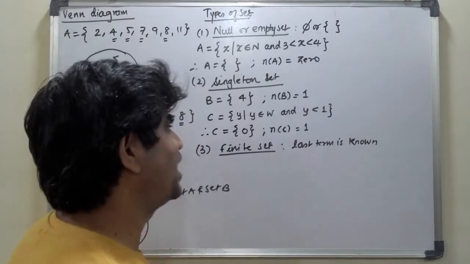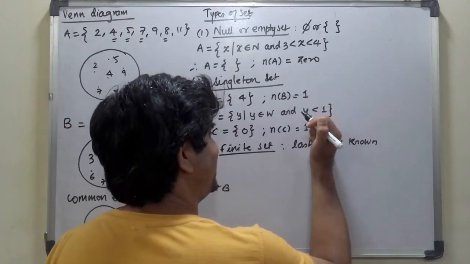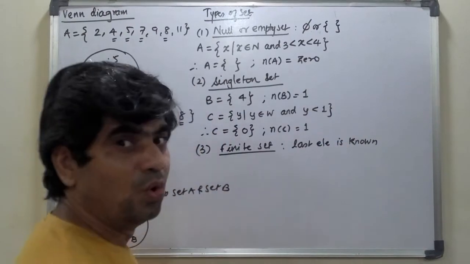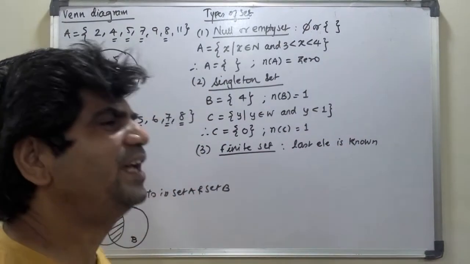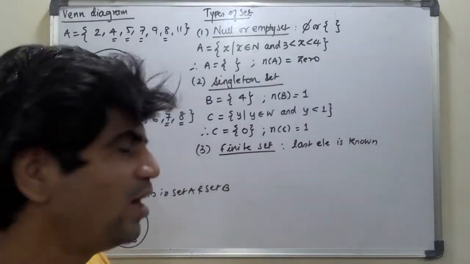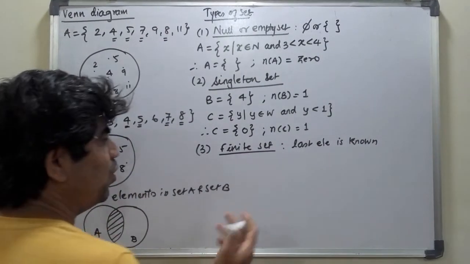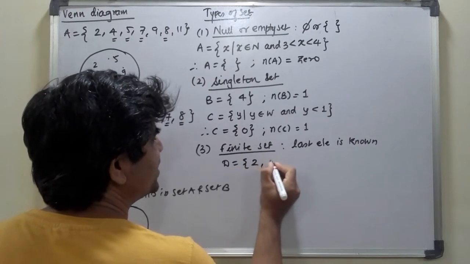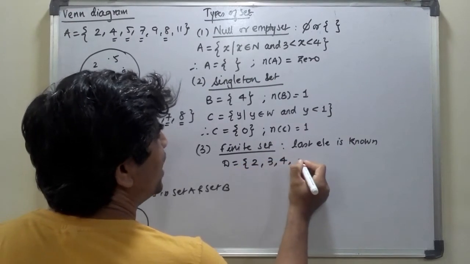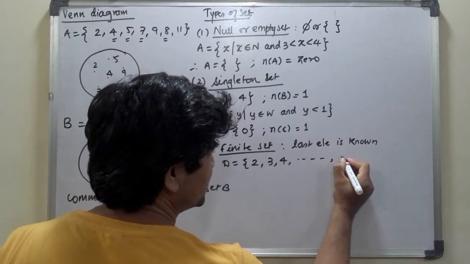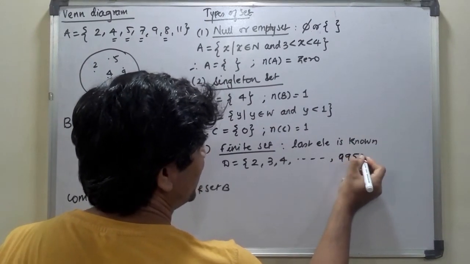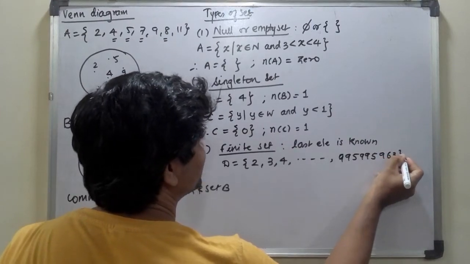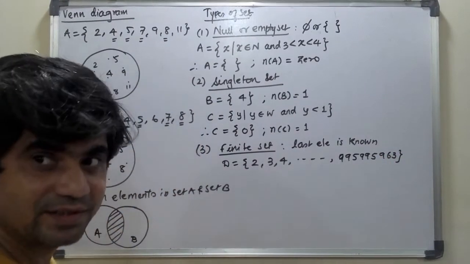Last term or last element, rather to say term, last element is known. ओके, यानी चाहे कितना भी बड़ा हो, लास्ट एलिमेंट मालूम होना चाहिए. That is, if you have set D in which it is 2, 3, 4 and the last element is 9, 9, 5, 9, 9, 5, 9, 9, 9, 6, 3. This is your last element.